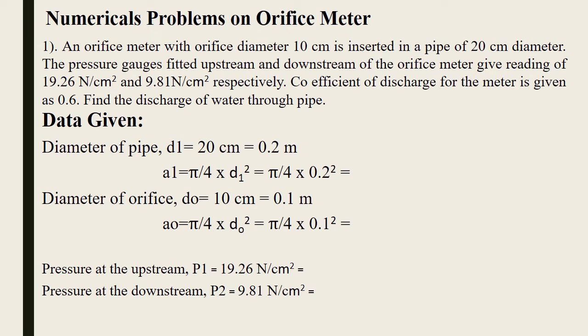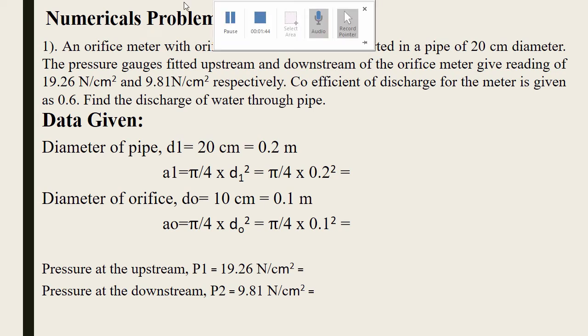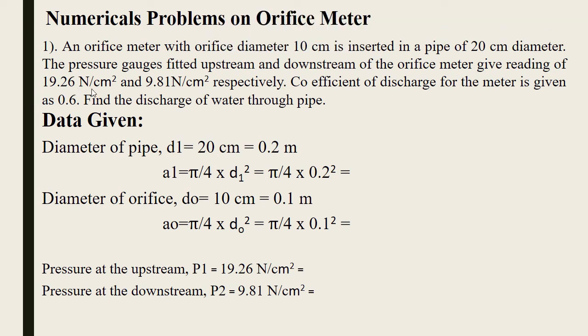The pressure gauges are fixed in the upstream and downstream of the orifice meter. They give readings of 19.26 Newton per centimeter square and 9.81 Newton per centimeter square respectively. Then what is upstream and what is downstream?